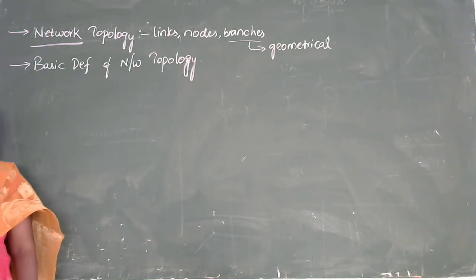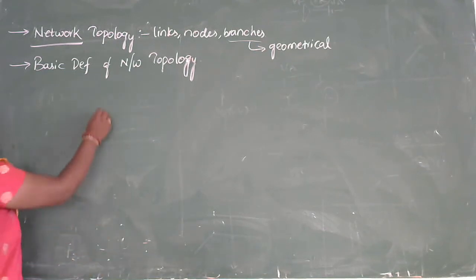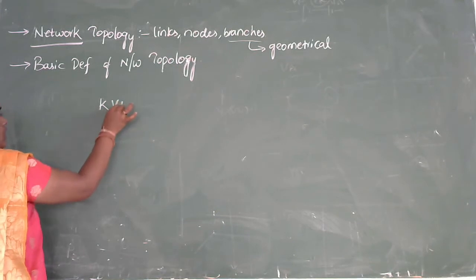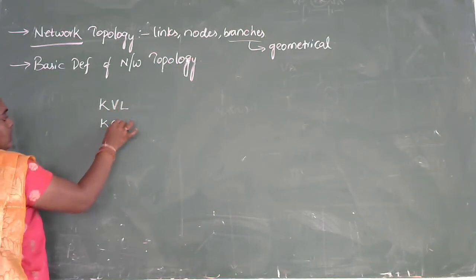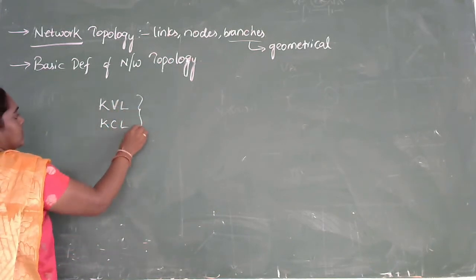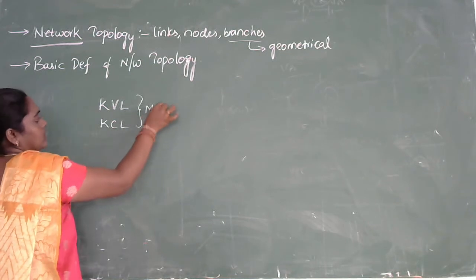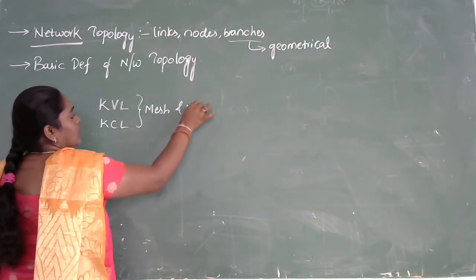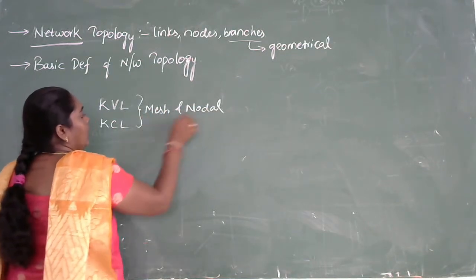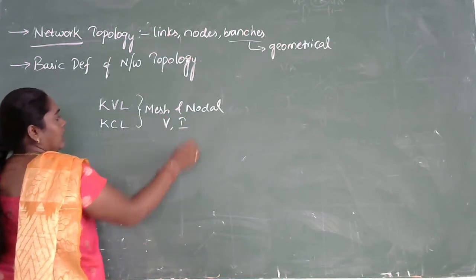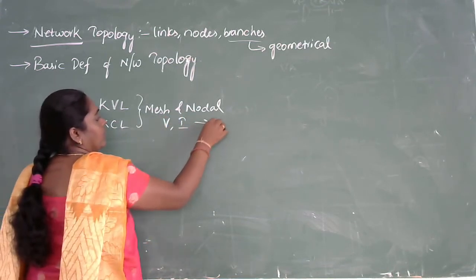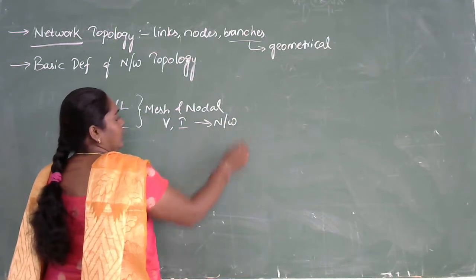The concepts which we have studied, that is KVL and KCL, or mesh and nodal analysis, are used to find unknown voltages and unknown currents if the network is smaller in size.